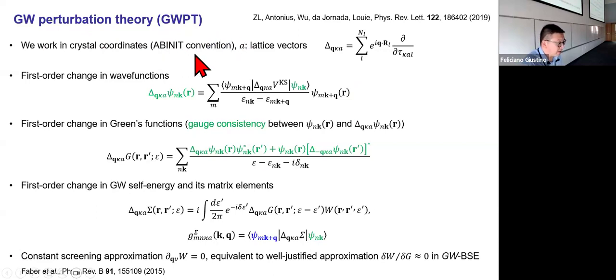And we work with Abinit, which takes a lattice vector convention instead of Cartesian coordinates, but it's just a simple basis transformation. Anyway, the main quantity we need from DFPT is the first order change in the wave function, dq psi, which can be constructed within first order perturbation theory.